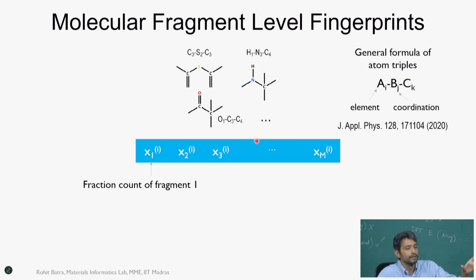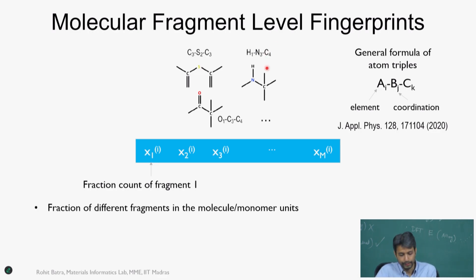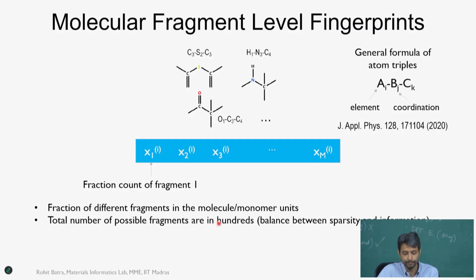You look at triplets and the coordination number is also defined. If the nitrogen was double bonded, then it would have been H1N2 and C3, because then carbon will also get double bonded. And then the fingerprint is simply whether a fragment is present or not. This is a simple way of fragmenting them.